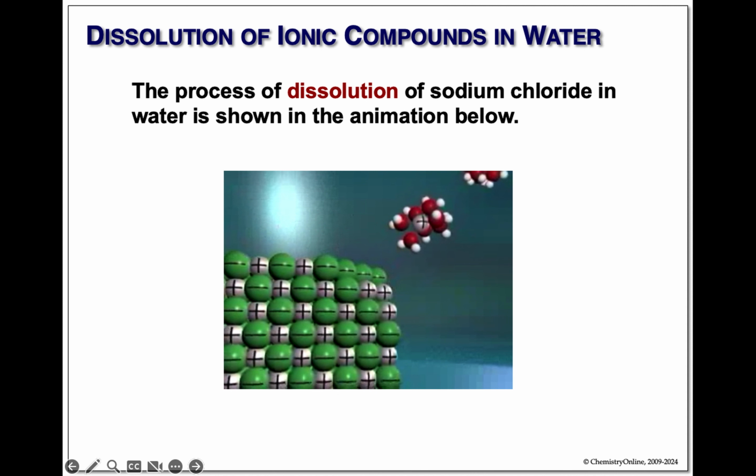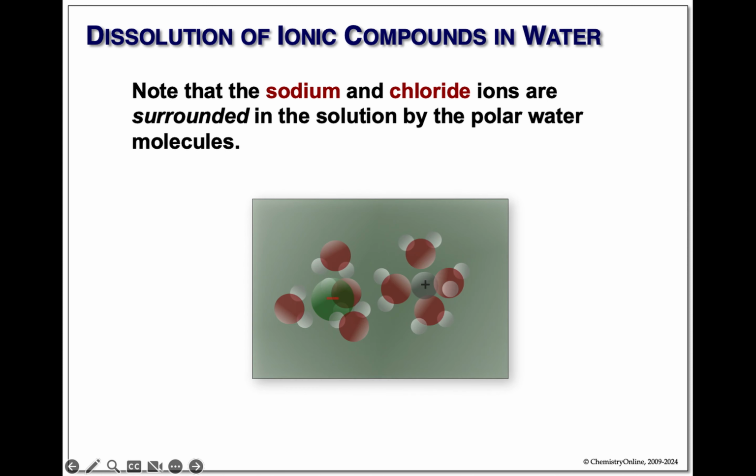Now, I hope you were paying attention as these little water molecules were doing their thing, because the way they grabbed the ions off the surface was not random, not at all. If you note, here's our cation, here's our water surrounding it. Looks something like this.